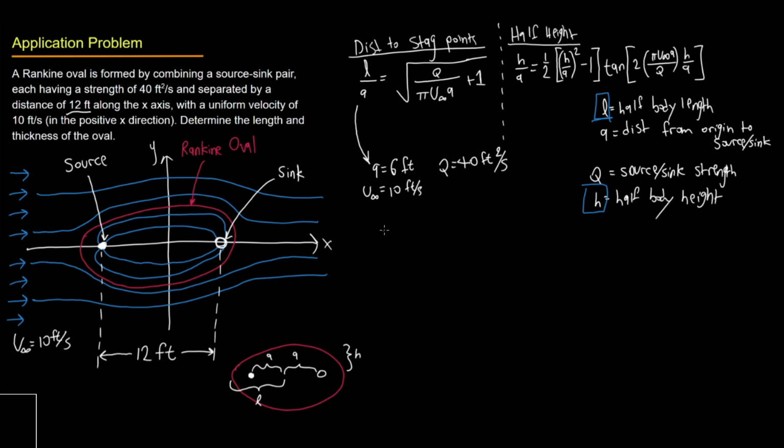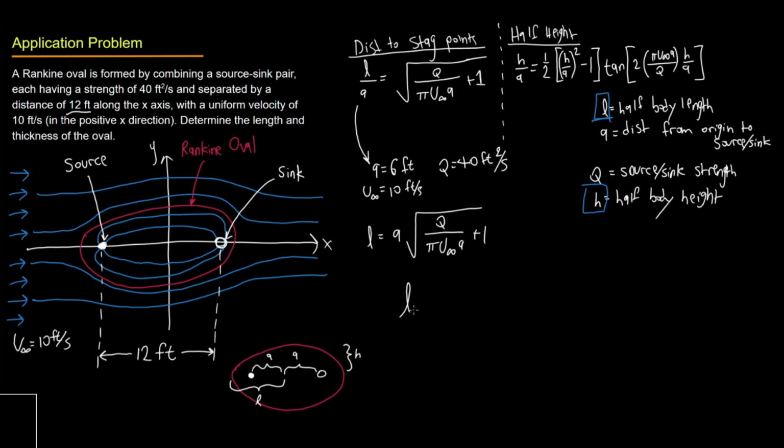So with all of that, we can solve for it. We can have L is equal to A times this whole equation, which is the square root of Q over pi u infinity A, plus 1.